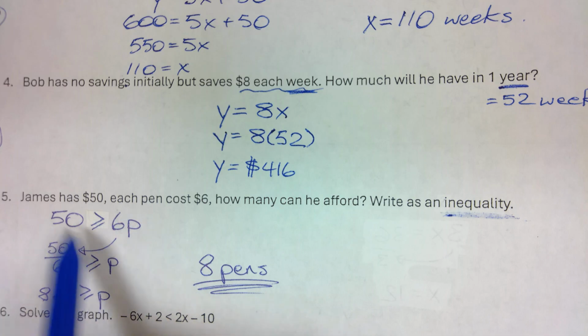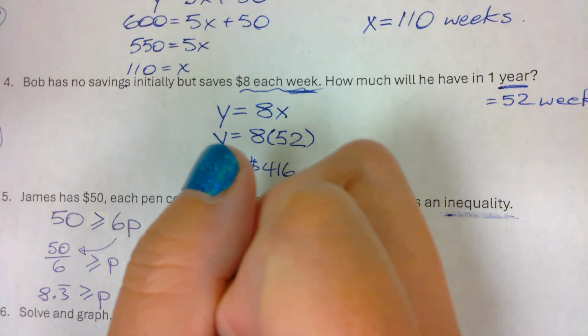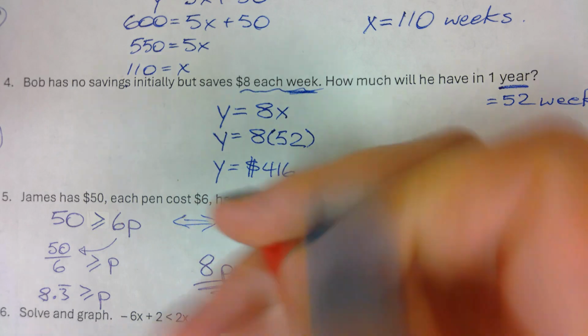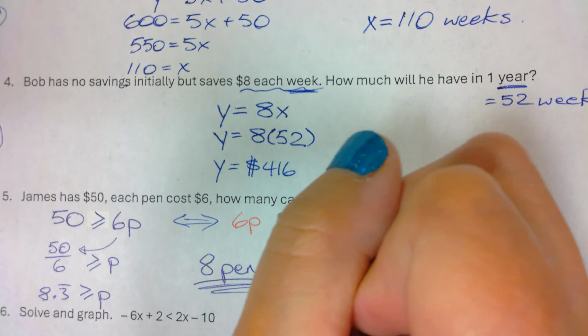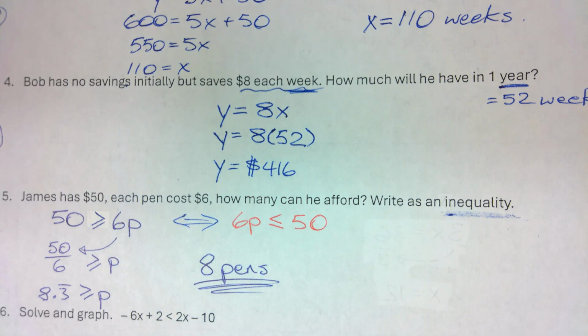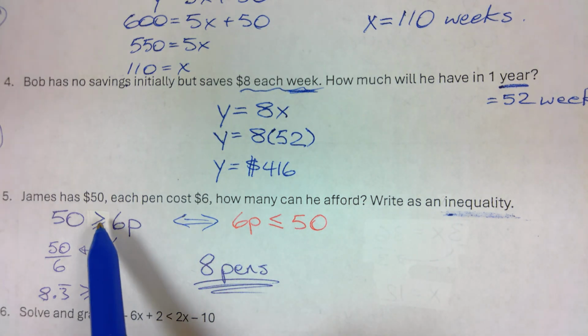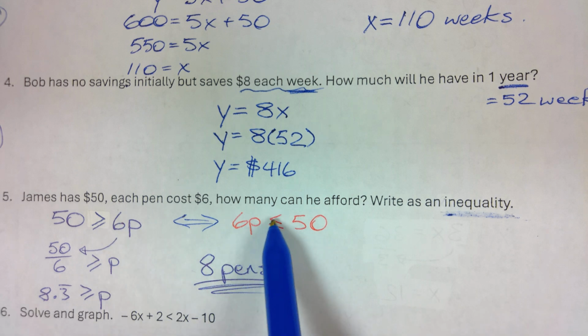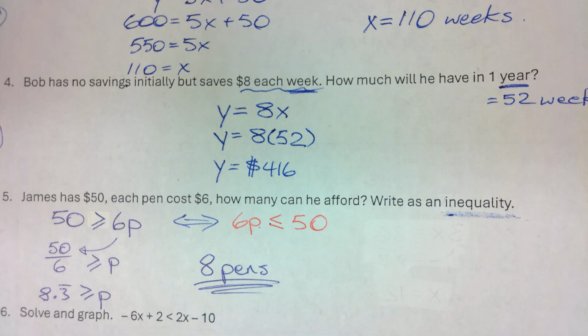So this is how I can write it, or this is exactly the same as writing it like this. Okay, this means exactly the same thing. Notice the arrow is pointing at the 6p, same thing right here. So the less than symbol is pointing at the 6p.